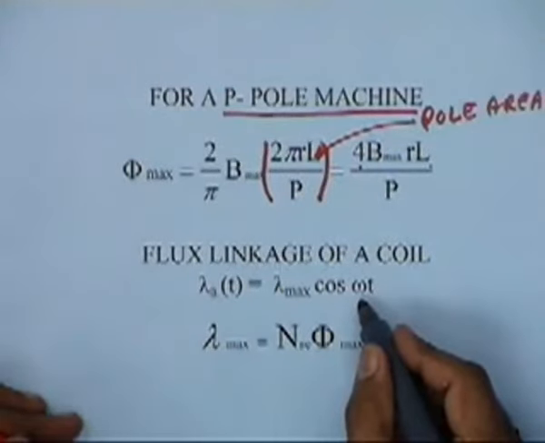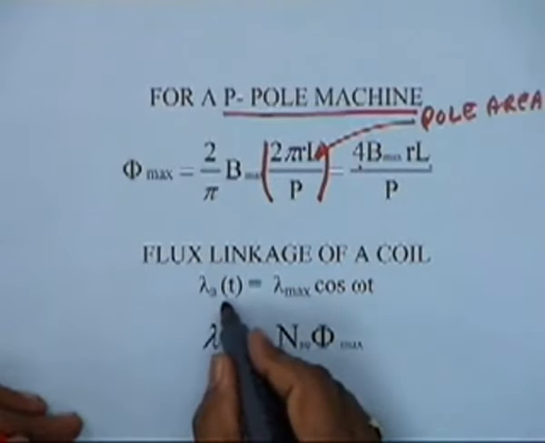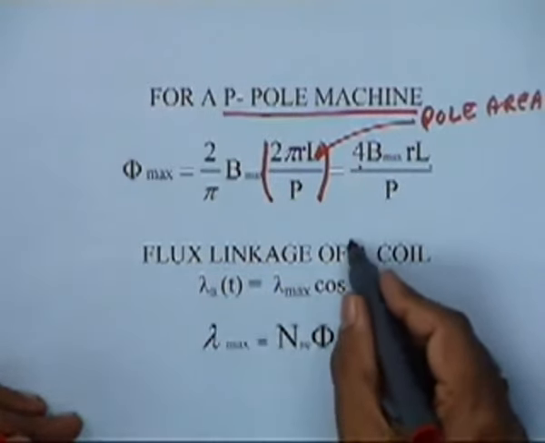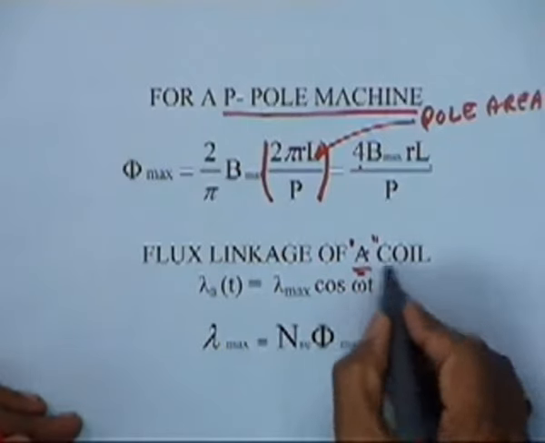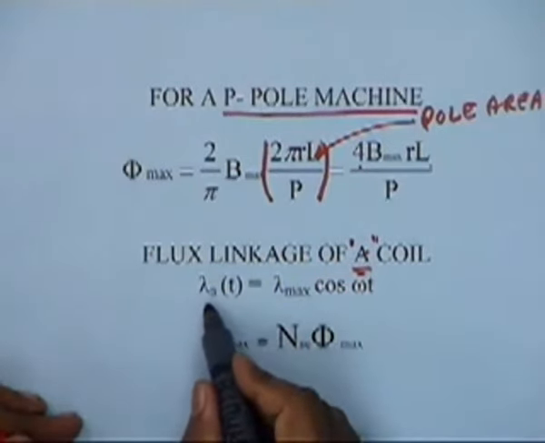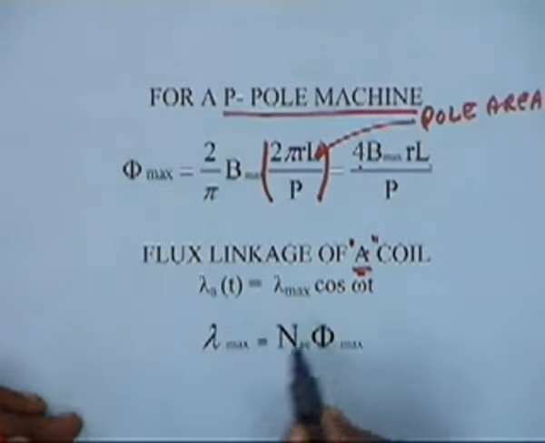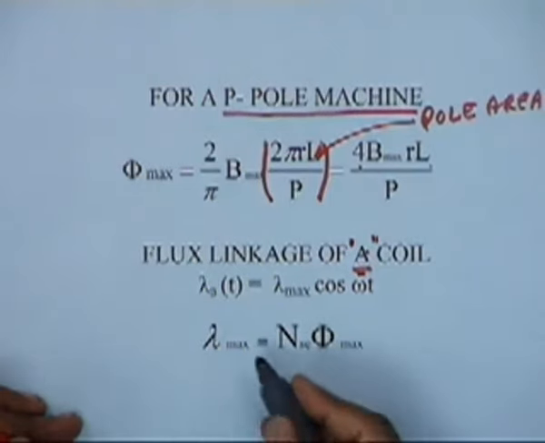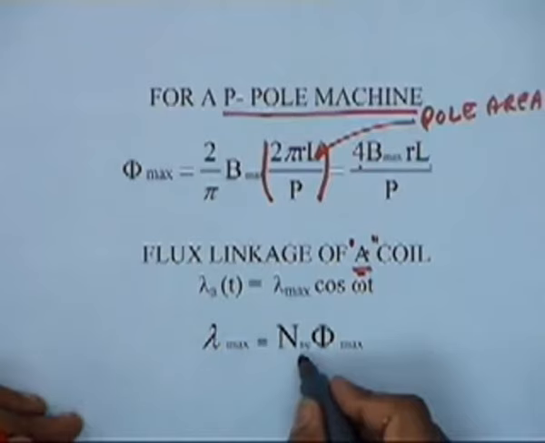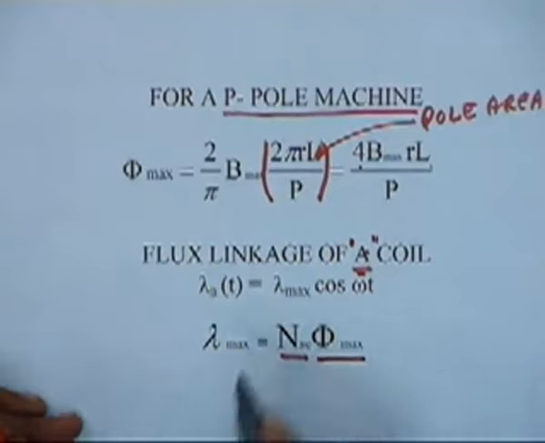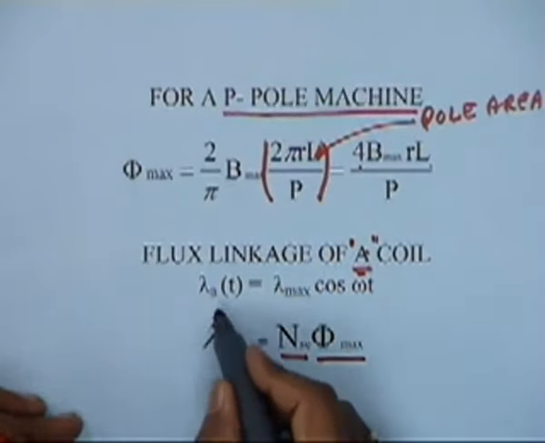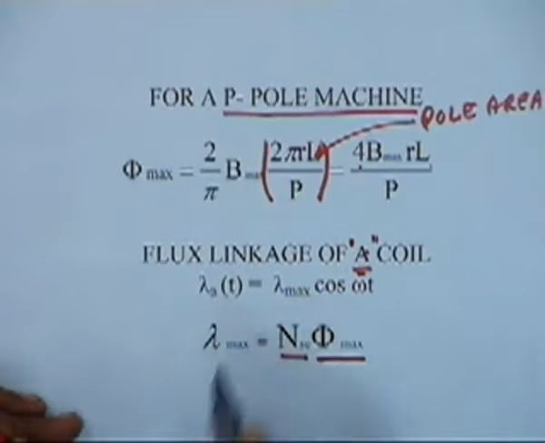So if the rotor is rotating at omega radians per second, the flux linking the A coil will be lambda A(t) equal to lambda max into cos omega t, where lambda max is the number of turns in that coil, NSE, into the maximum flux. So this is the expression for the flux linkage of a coil.